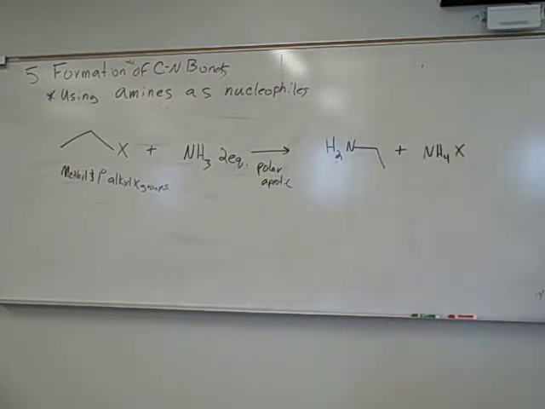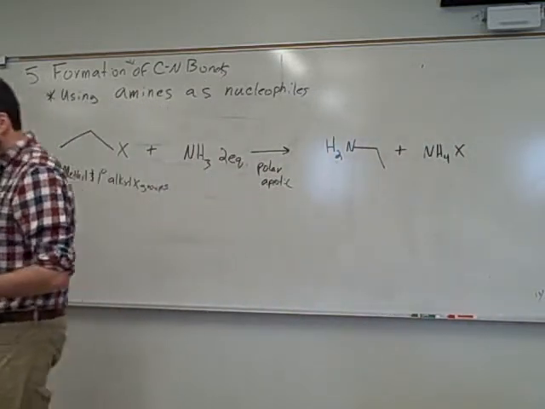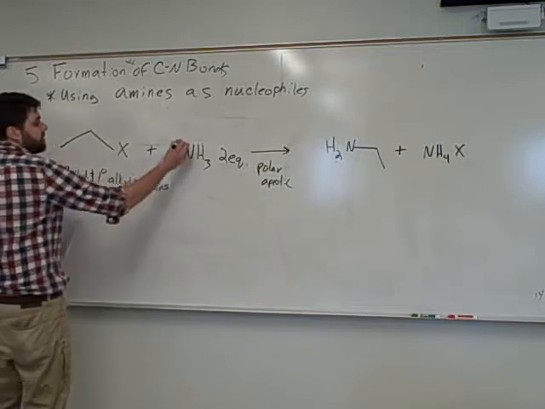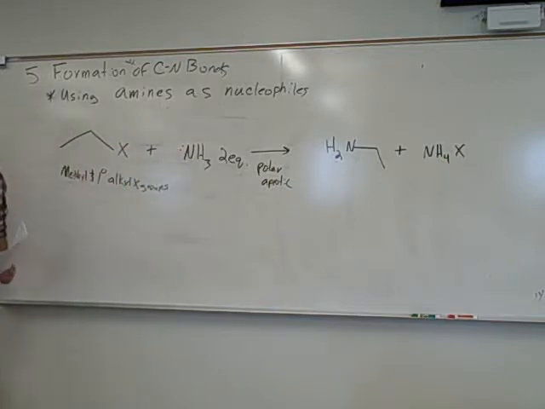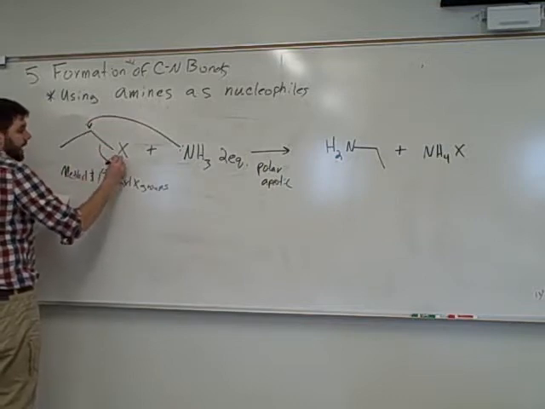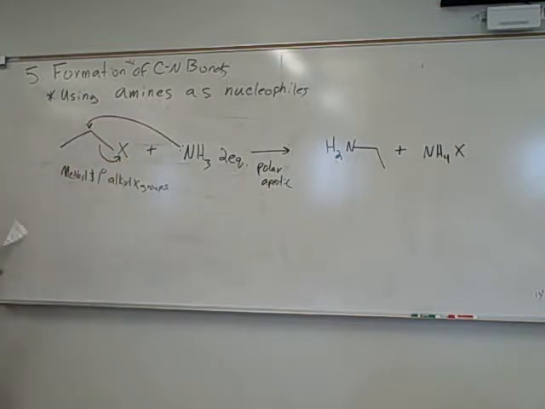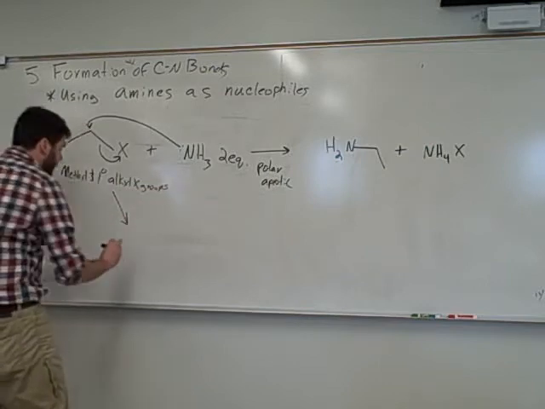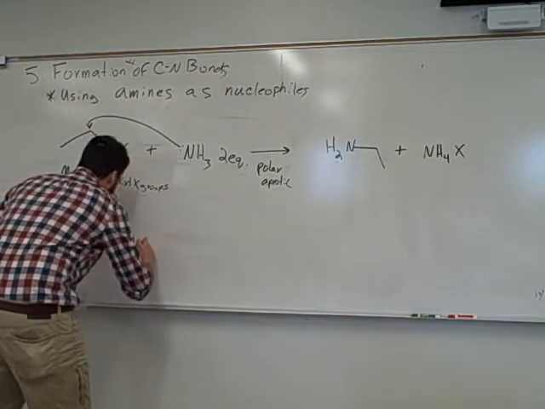Okay. So the mechanism of this is relatively straightforward in that it is going to involve the nitrogen using its lone pair of electrons to do backside attack on the carbon-X bond, and remember X can be any sort of good leaving group that you'd imagine: chloride, bromide, iodide, tosylate, triflate, etc. And what this will give us is our protonated amine.